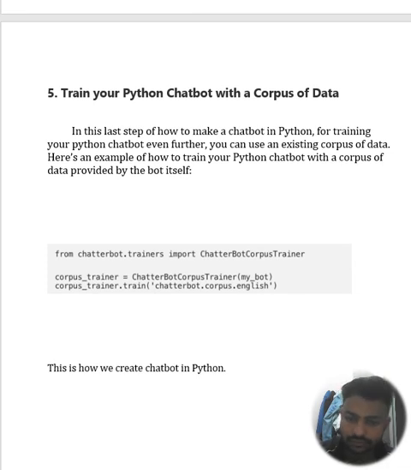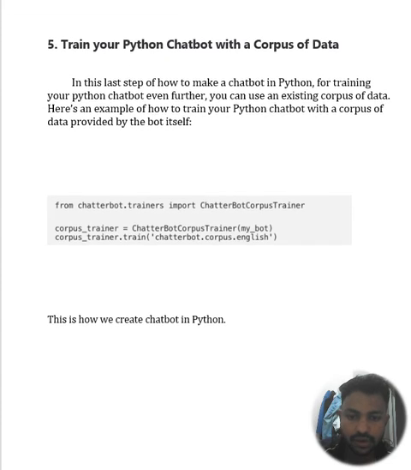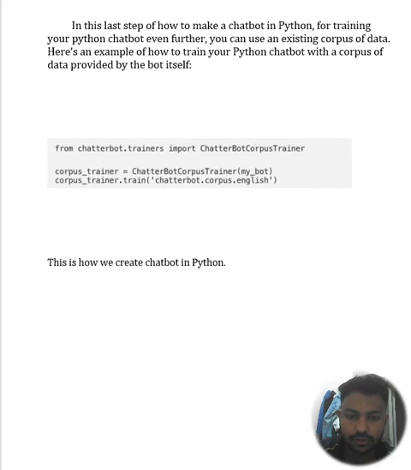So the code is like: from chatterbot.trainers import ChatterBotCorpusTrainer. corpus_trainer = ChatterBotCorpusTrainer(my_bot), and next is corpus_trainer.train('chatterbot.corpus.english'). This is how we can create a chatbot in Python.